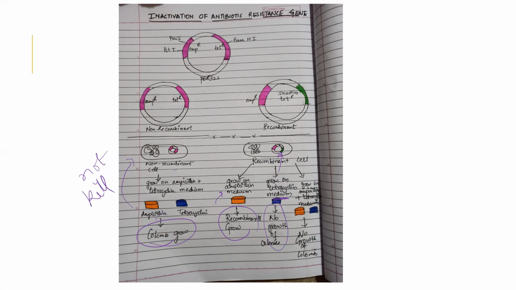If we grow the recombinant cells on ampicillin plus tetracycline medium, again there will be no growth of colonies, because the tetracycline will kill this particular cell, which does not have a functional tetracycline resistance gene because of the insertion of the foreign DNA. This is what is referred to as the inactivation of the antibiotic resistance gene.